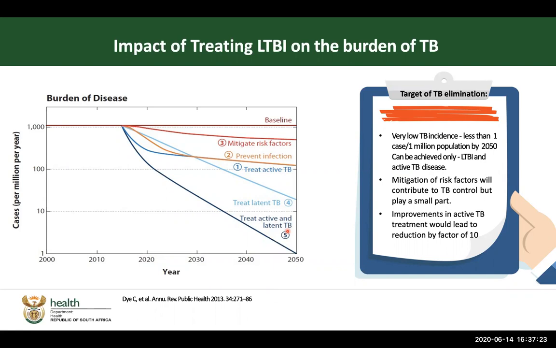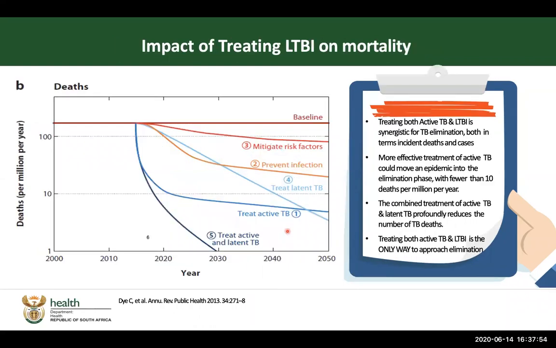But also make sure that every single case of a symptomatic suspected TB case is timely identified, screened, diagnosed, and treated. So treating latent TB infection would have a positive effect in reducing the TB burden and supporting us as a country to achieve the end TB goals and strategies.